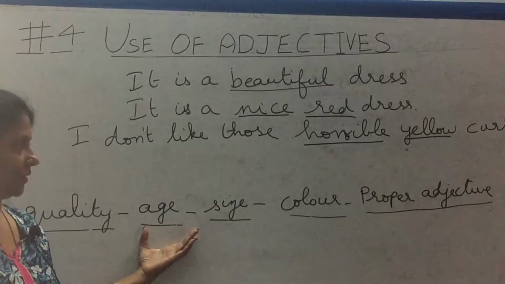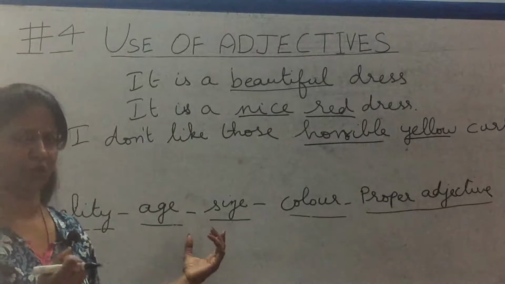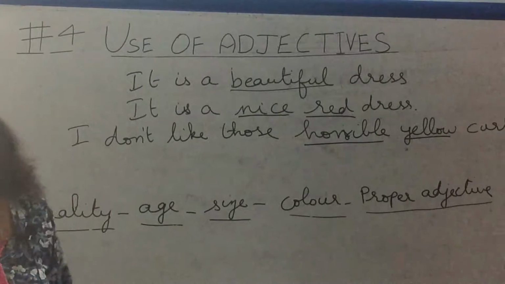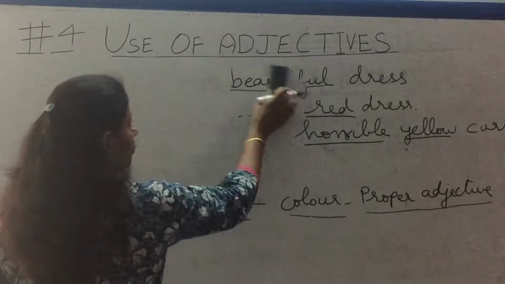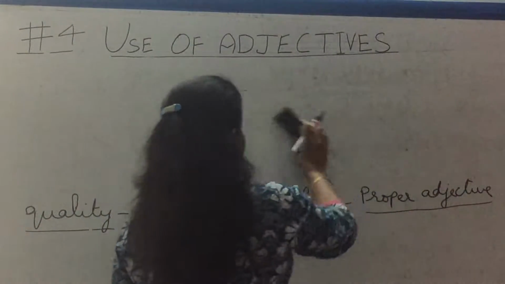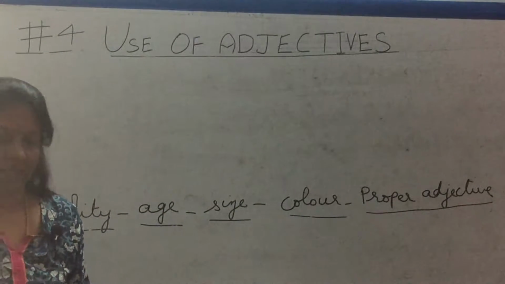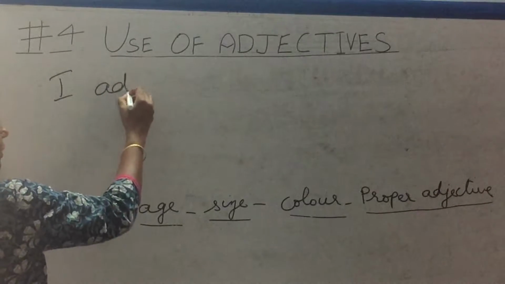So for this order, I am going to explain it further with the help of one or two examples. See, I am going to take this example. You can follow me when I write. You can take it down also. So I am trying to improve your written skills when I am trying to tell the spoken English class.